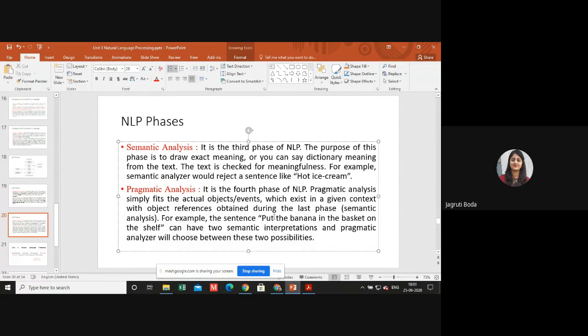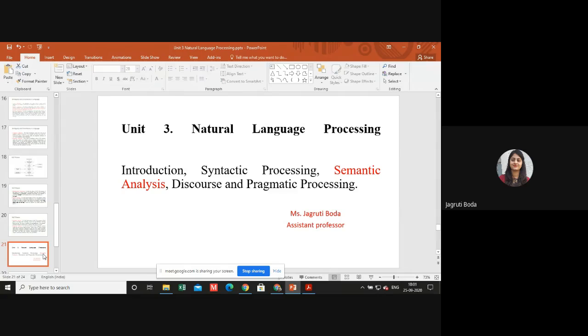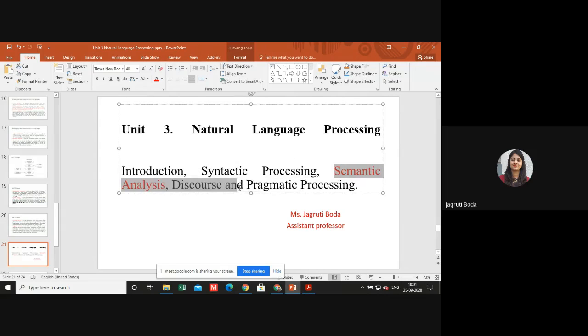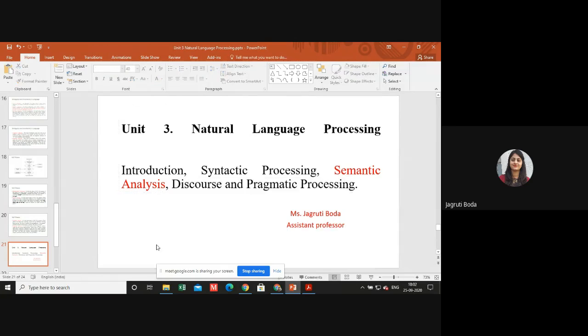Okay, so pragmatic analysis is the fourth phase and it checks the validity or the right interpretation of your sentence. In the next lecture we will cover semantic analysis in detail, so you have a clearer concept of NLP, and then we will cover discourse and pragmatic processing.